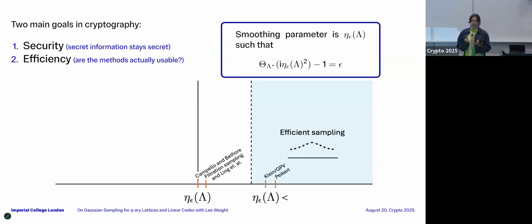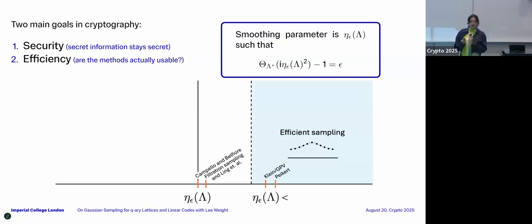So the Klein and GPV sampler, Peikert's perturbation sampler, they all work for arbitrary lattices when our sampling width is big enough. Two years ago at Asiacrypt 2023, Espitau, Wallet, and Yu published a sampler leveraging lattice filtrations, which improved a lot on the sampling width, so you could sample much closer to smoothing, especially for certain root lattices.